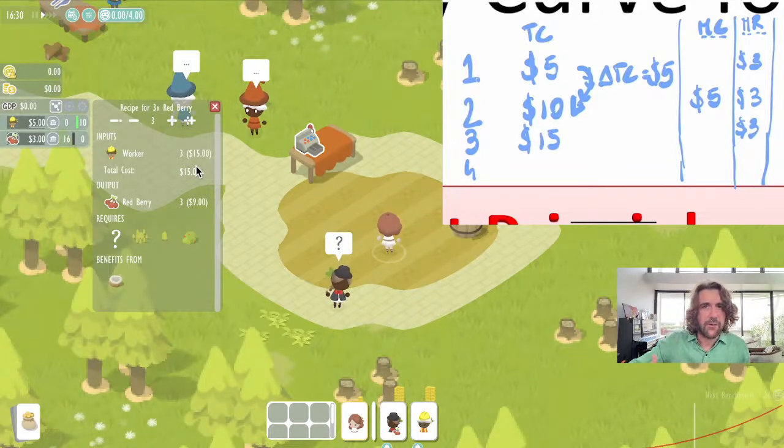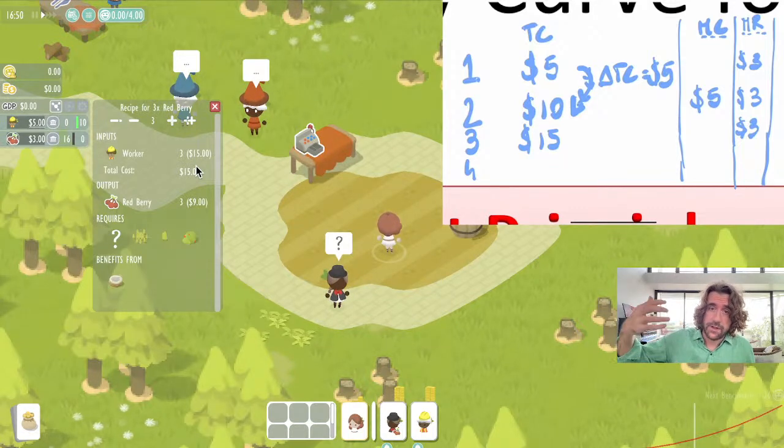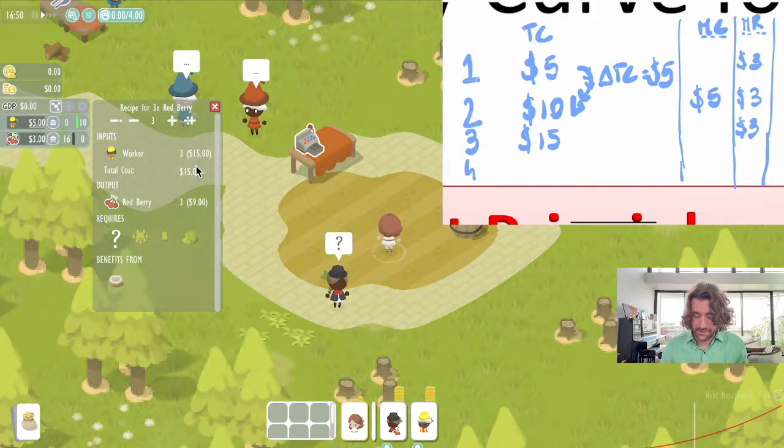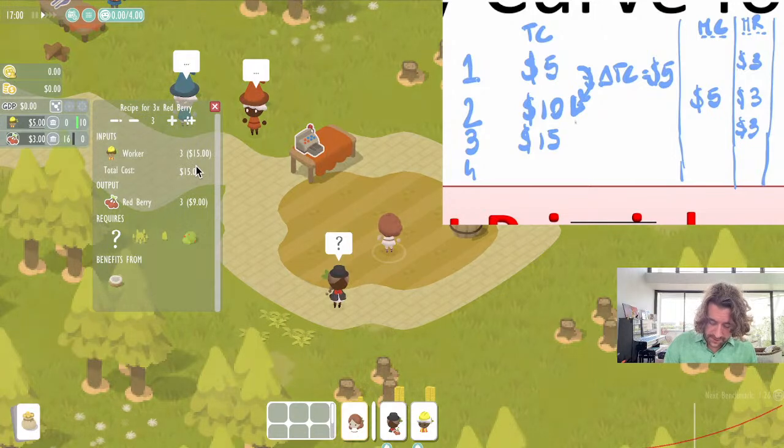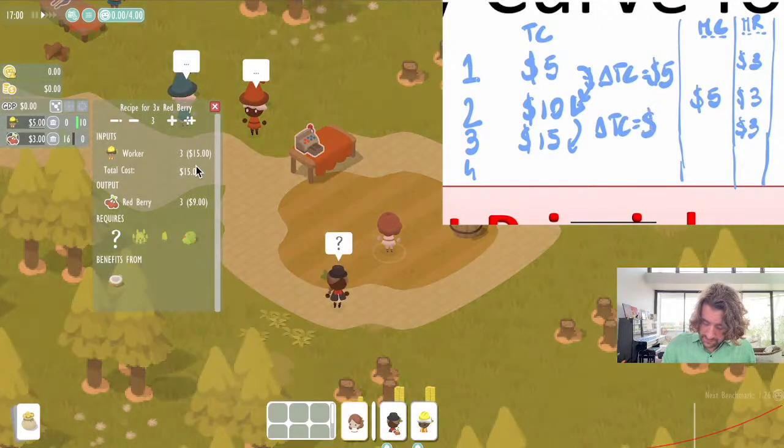You are requiring 1 worker to produce 1 extra red berry so far. And so the total cost increases from 5 to 10 to 15 because each worker costs you $5. So the change in total cost is again 5, and this is again the marginal cost, what I should put in the marginal cost column.